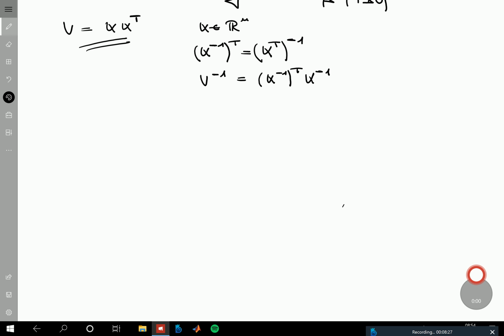So essentially what we're finding here is a matrix K that you can view as the square root of the matrix V, because if we multiply K with itself, then we get V back.